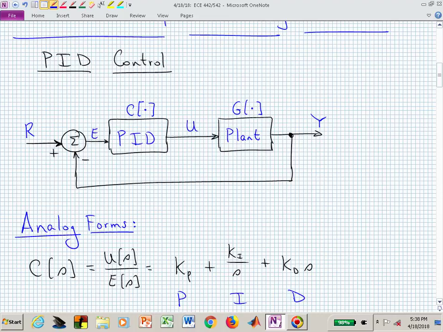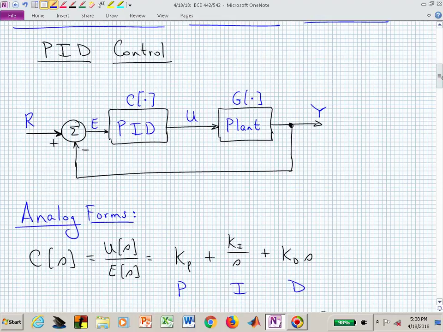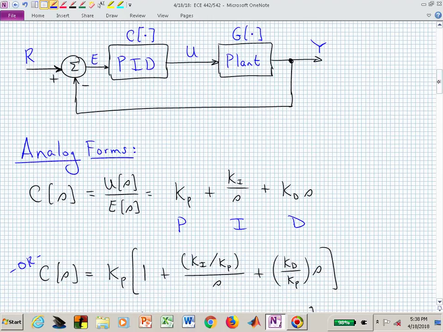This should be somewhat intuitive in terms of the structure. If somebody says PID control, you could immediately write down the P, the I, and the D pieces of that PID controller. It doesn't look quite as clean in discrete time, but the PID in analog time is fairly clean. You can now perform some algebra on that expression.